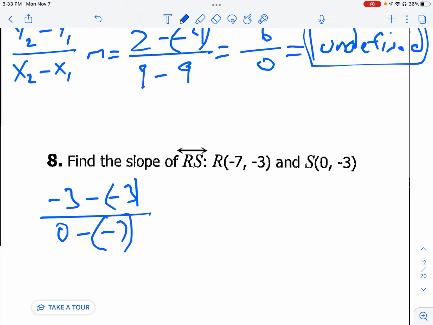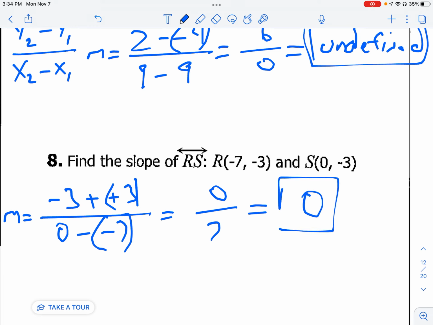And you can see where this one's going to. m equals minus 3 plus 3 is 0 over 7. m equals 0.